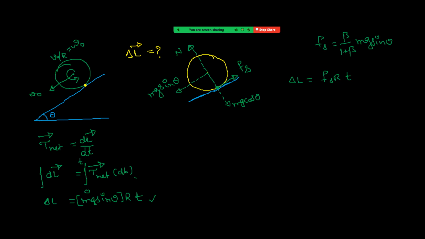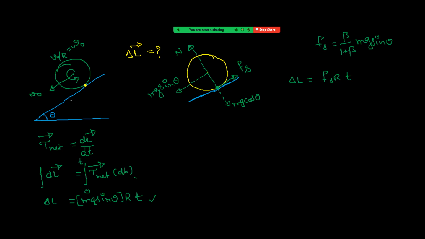That means whether it is a rough surface or smooth surface, there is no change in the net torque, because it remains same, mg sine theta into r. That means change in angular momentum about the contact point does not change, whether it is a rough inclined plane or smooth inclined plane. But we have to focus where change comes.